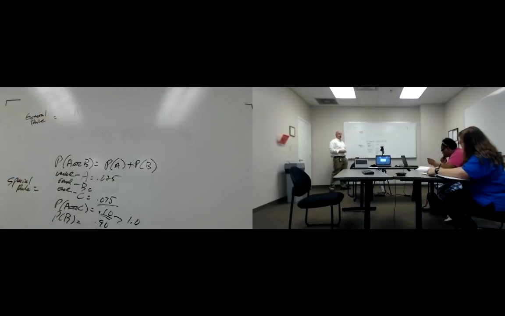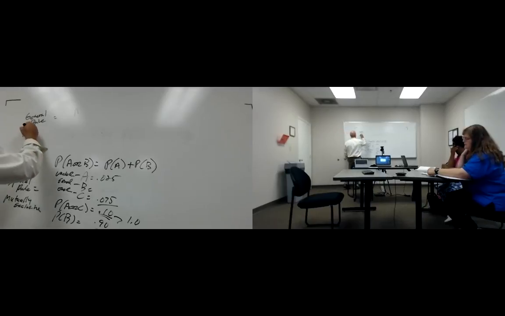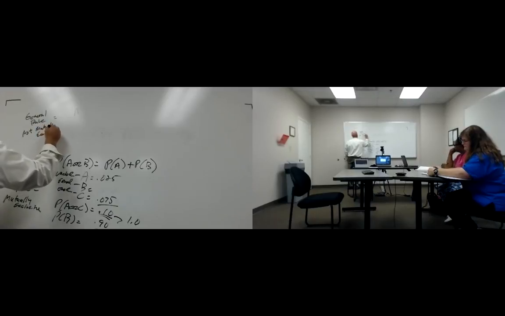So here under the special rule, we are deciding that it is, here's this term, mutually exclusive. And under this general rule, we'll say it may not be mutually exclusive.